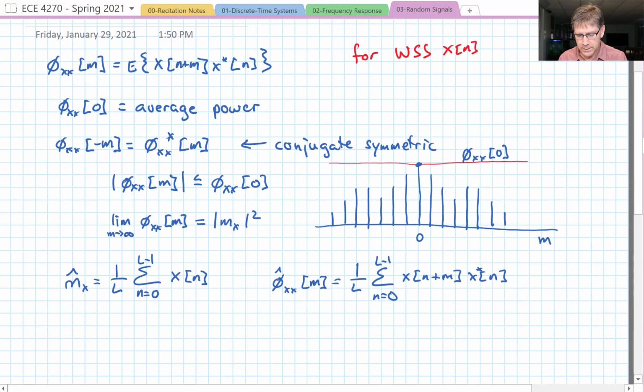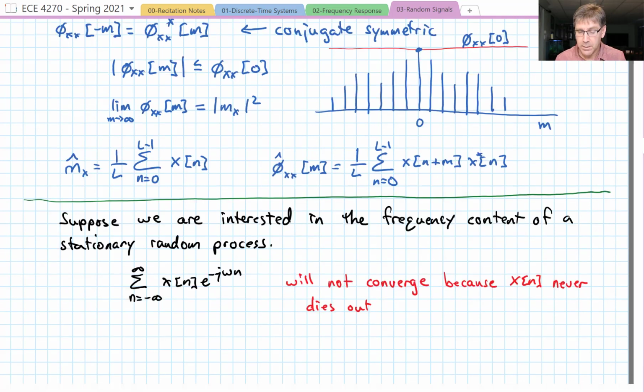Okay, so basics. But now the autocorrelation function comes in to help us in another situation. Suppose we are interested in the frequency content of a stationary random process. We know how to get frequency content. We use the DTFT that we've introduced earlier.